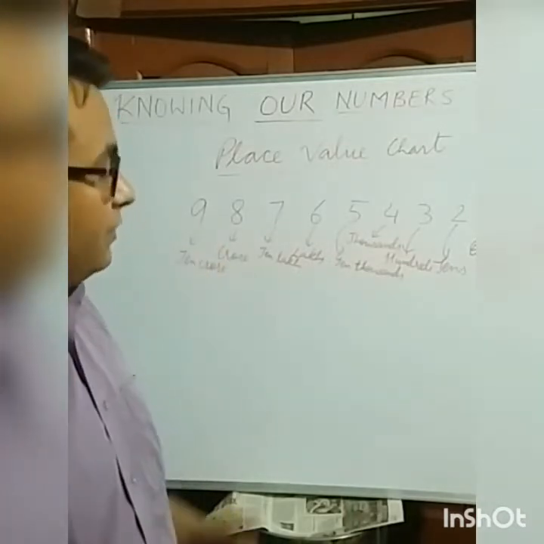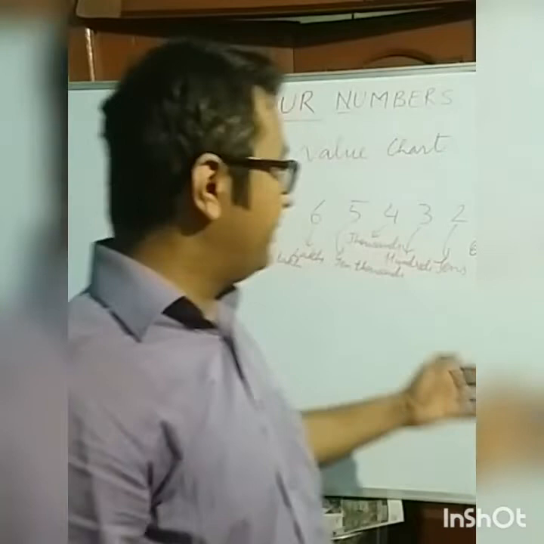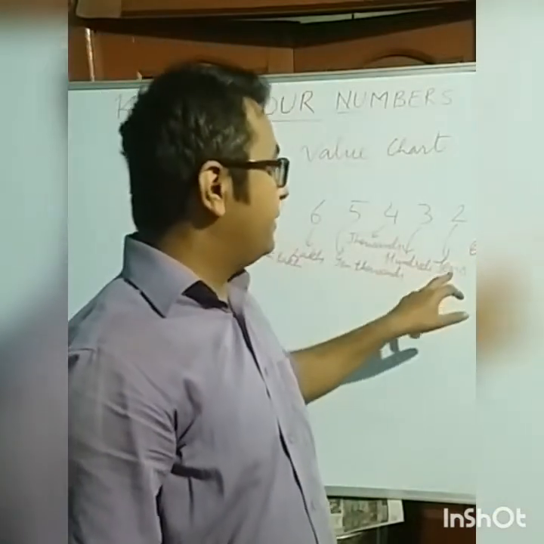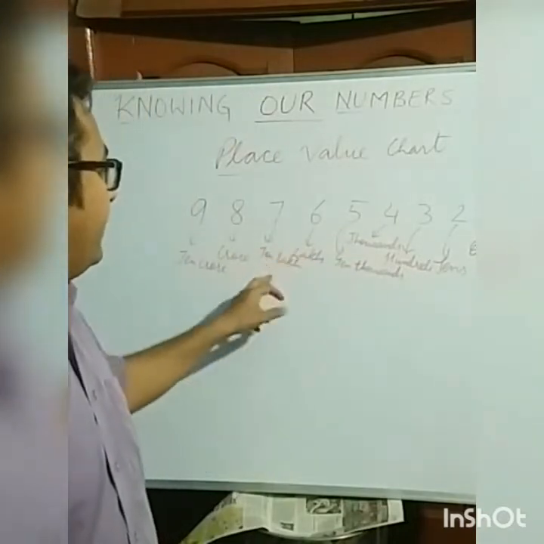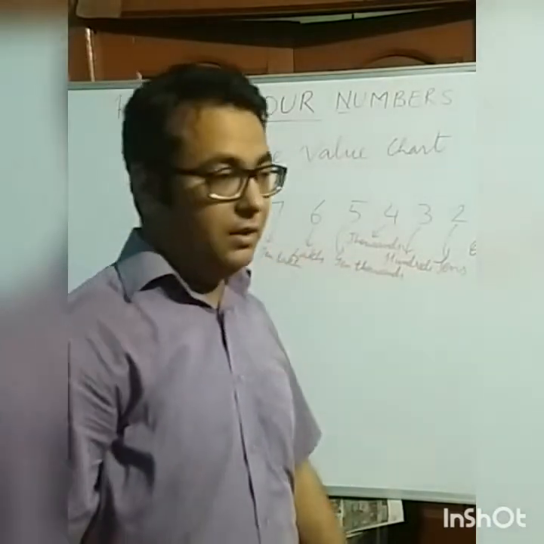The place values of digits in the Indian system are ones, tens, hundreds, thousands, 10,000, lakh, 10 lakh, crore and 10 crore.